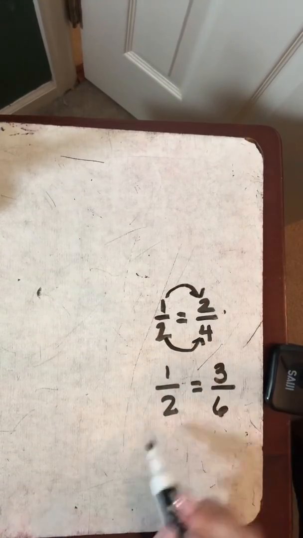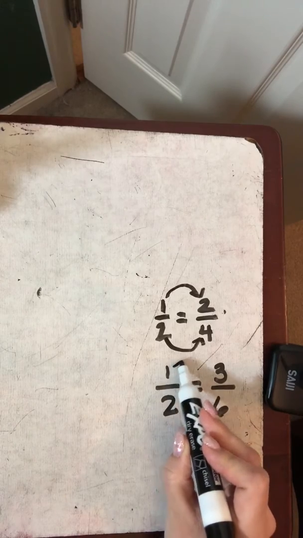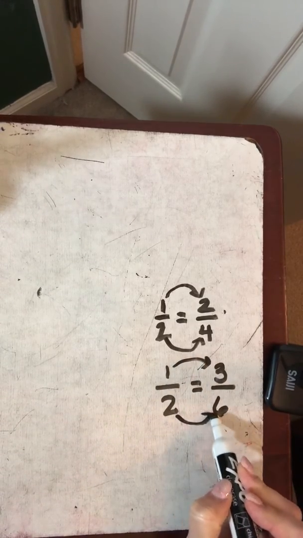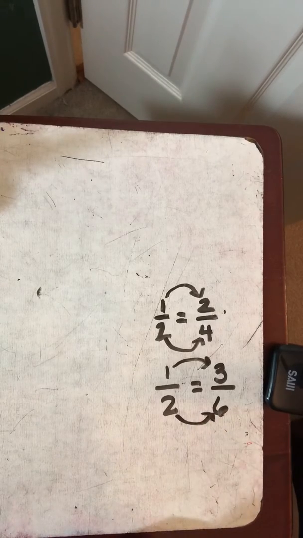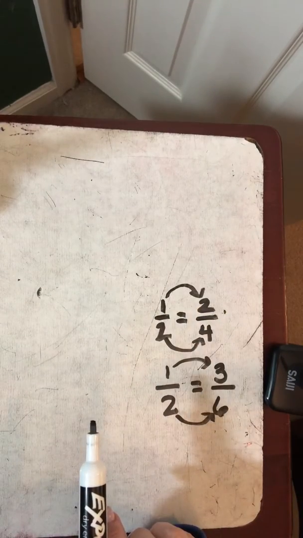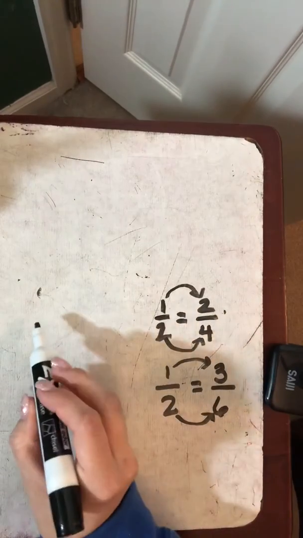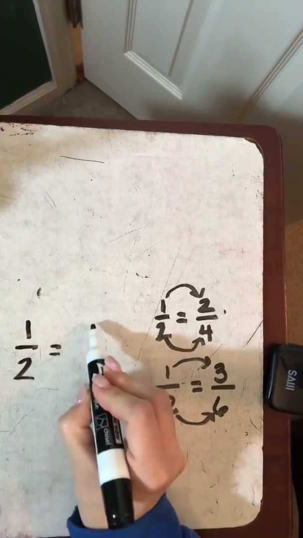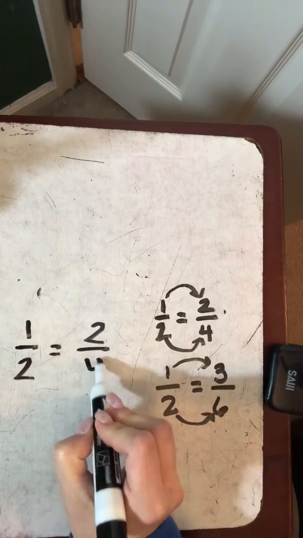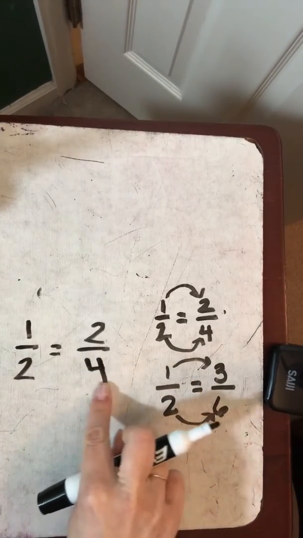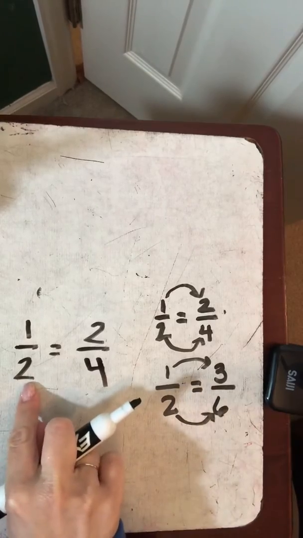And on this one, there's a pattern to get from here to here, and it's the same pattern that you use to get from here to here. So think for a second. What's a way that you can get from 1 to 2? Let's write it again over here. And it's the same thing that I would do to get from 2 to 4.